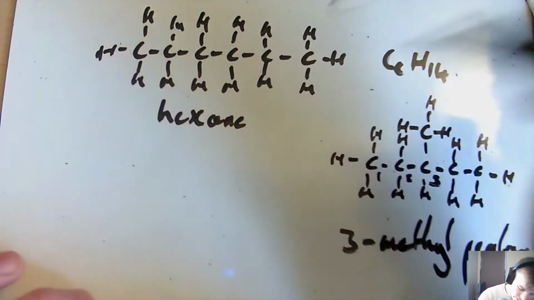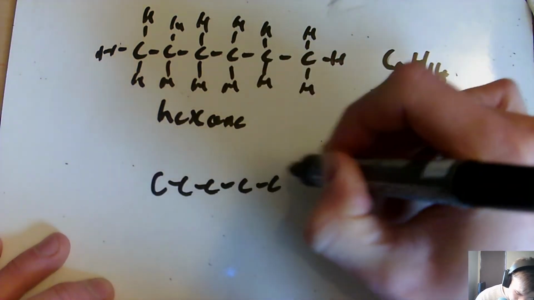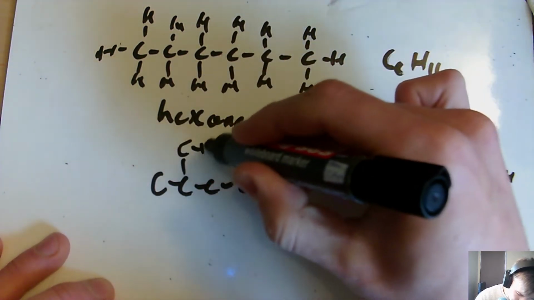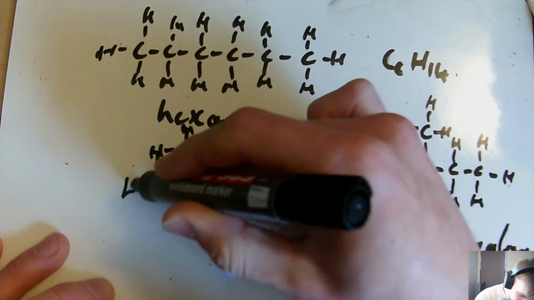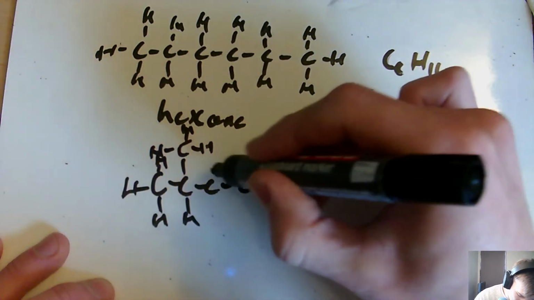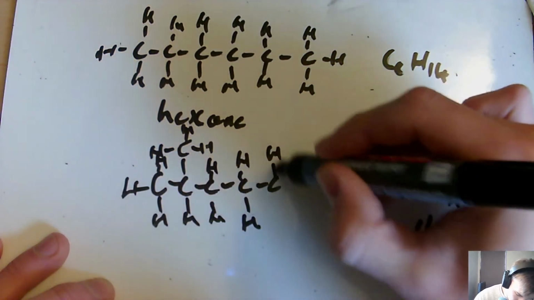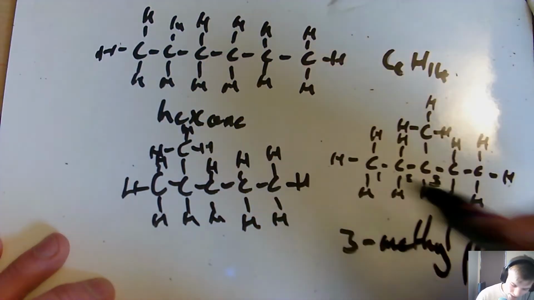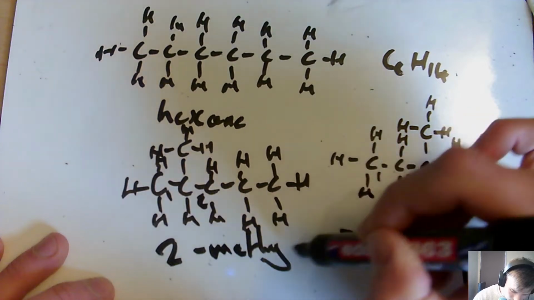I can have another isomer where it's 1, 2, 3, 4, 5. Put that there. I'm going to run out of room very quickly. Apologies for how messy this is. Trying to fit these all in. Okay, I've got 2-methylpentane.